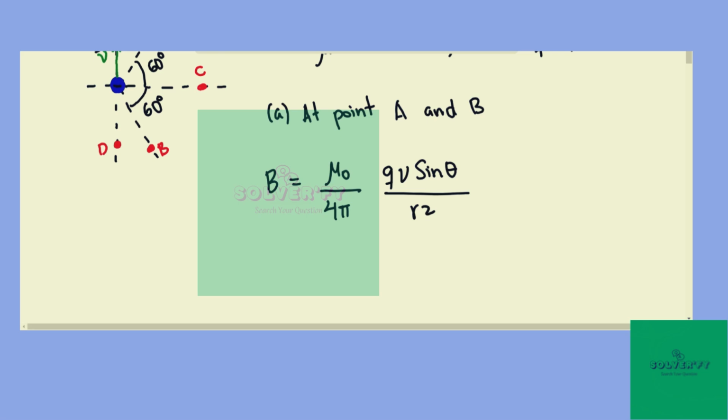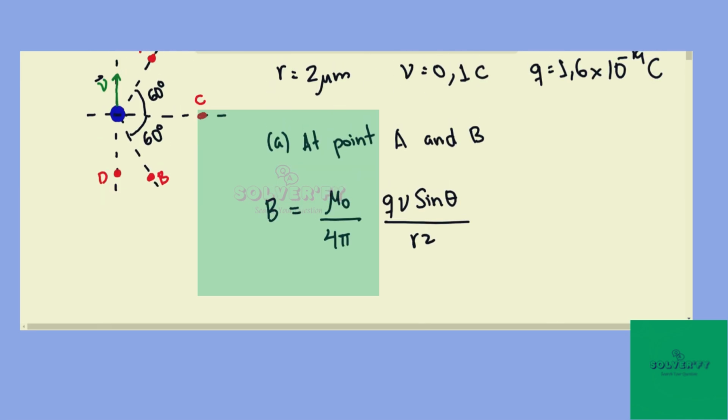Where the angle theta is the angle between the vector of the velocity and the vector of the distance to the point where we want to measure the magnetic field. So the magnitude can be obtained from this expression, and the direction can be obtained from the right-hand rule.